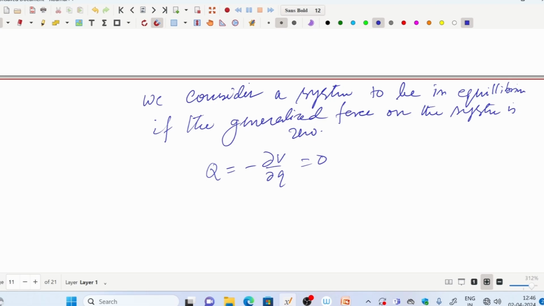Now let us see, we are in a general framework. Let Q0k be the equilibrium coordinate.